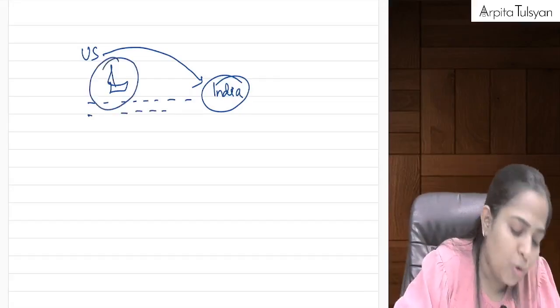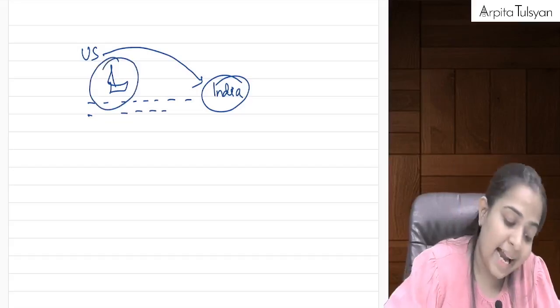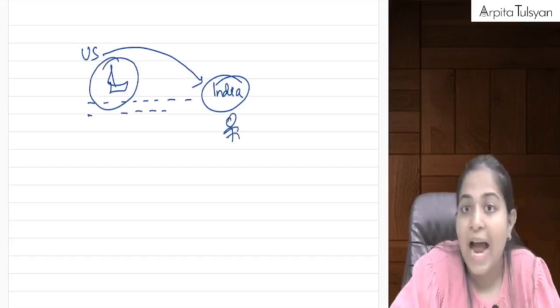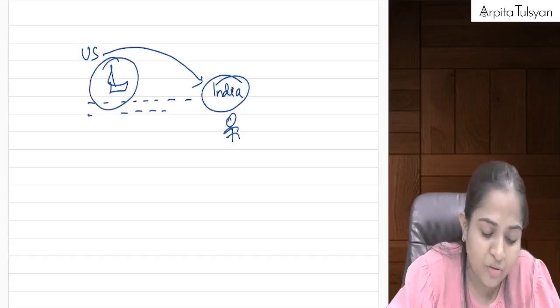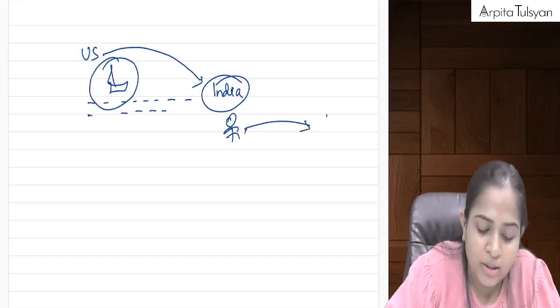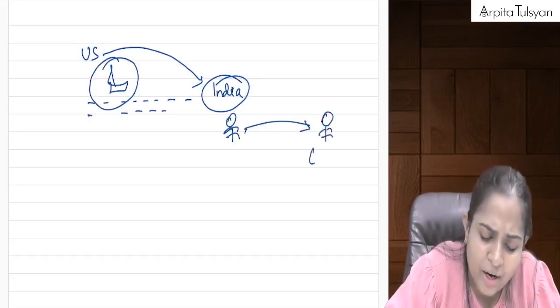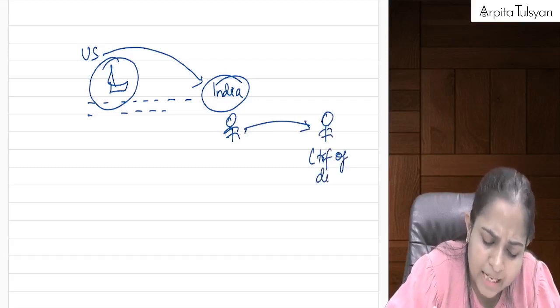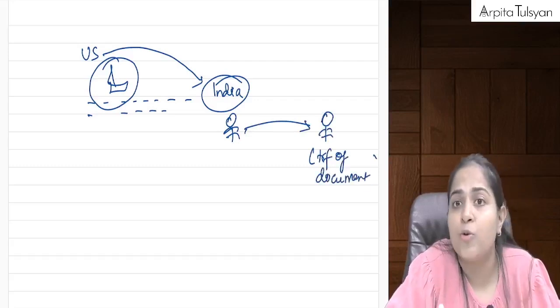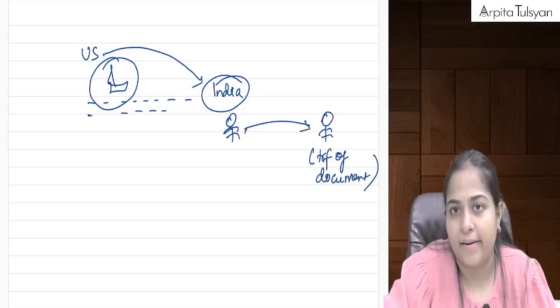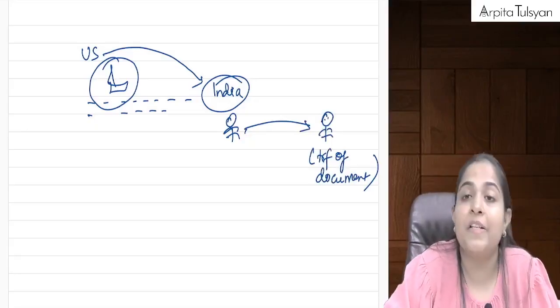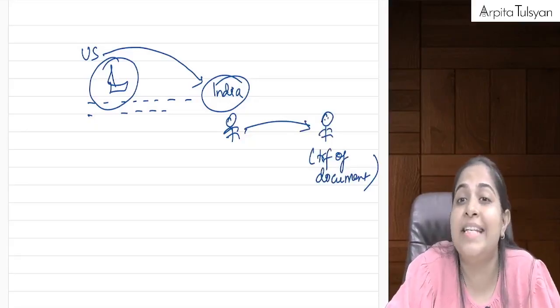Now while the goods are in transit, I am the purchaser, I am the importer. While the goods were in transit, I sold the goods to someone else by way of transfer of documents. Basically, I have transferred the title to someone else, but the goods are still there. This other person is purchasing the goods from me without even seeing the goods.